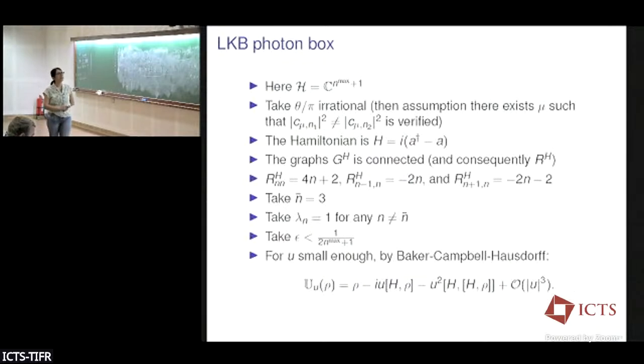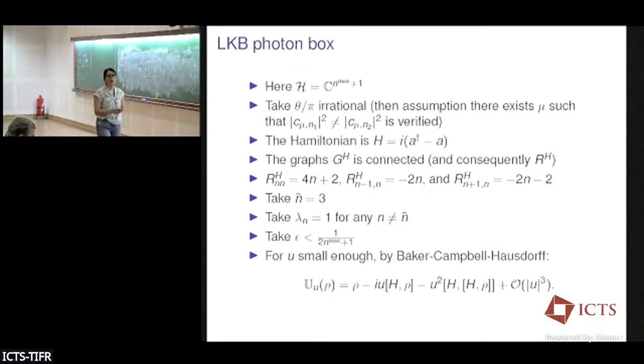So this remains to be done, if you're interested. And you have the Hilbert space, so it's just like this. Now I come back to the LKB photon box to see how this feedback has been applied in the experiment. You have, in fact, a Hilbert space like this, and we suppose that theta over pi is irrational. In order to satisfy this assumption, this is our Hamiltonian, and you can easily check that this is connected because it's a tridiagonal matrix.